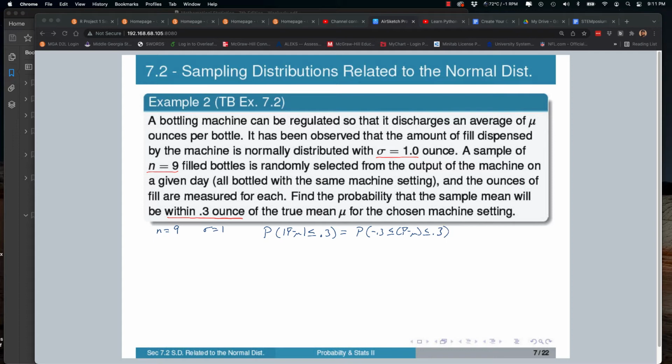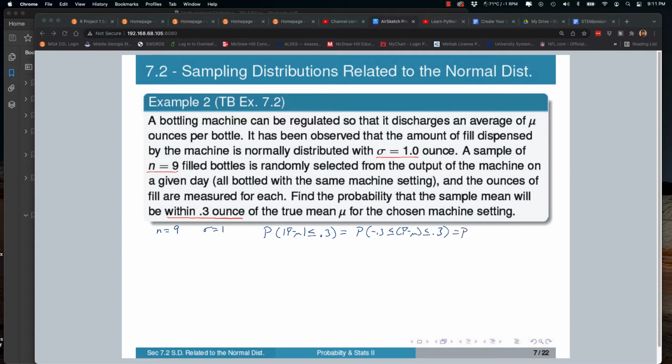So just branching that out. Okay. Now, what I'd like in the center here is to get that y bar minus mu to become a z statistic, or a z variable. So what I need to do is divide everything by sigma over the square root of n.